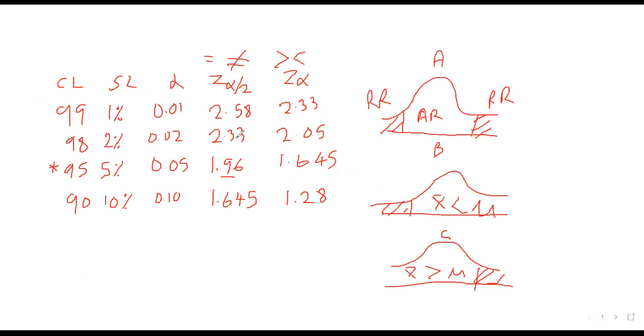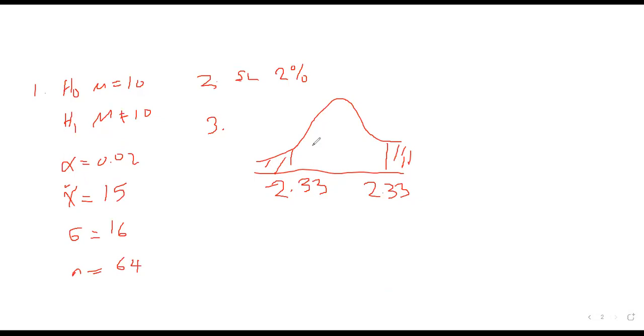This is 2.33. So we are now going to understand that if the answer we get falls within here, we will do what? Fail to reject. Of course, this is accept. As much as possible, we at postgraduate level should avoid the word accept. We'll say fail to reject.